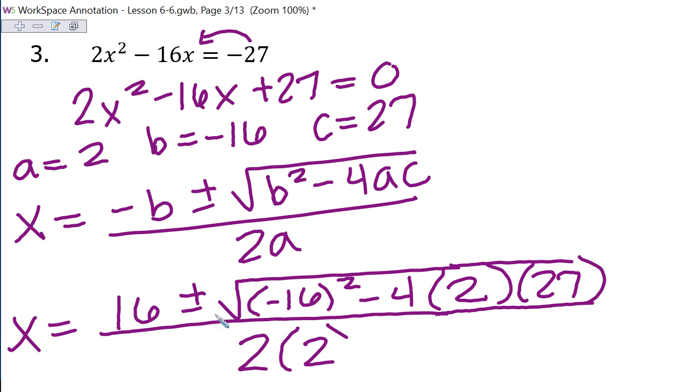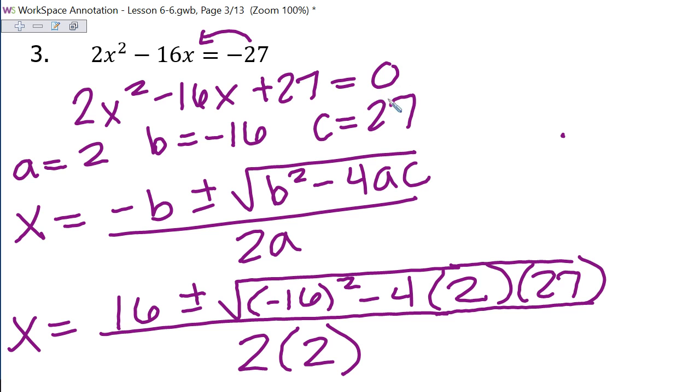Now you need to do some simplifying. I want one number, one number, one number. So x equals 16 plus or minus. We need to figure out what number goes under the radical. And for the denominator, what's 2 times 2? 4. Now, under the radical, we need to go ahead and simplify that. What is negative 16 squared?